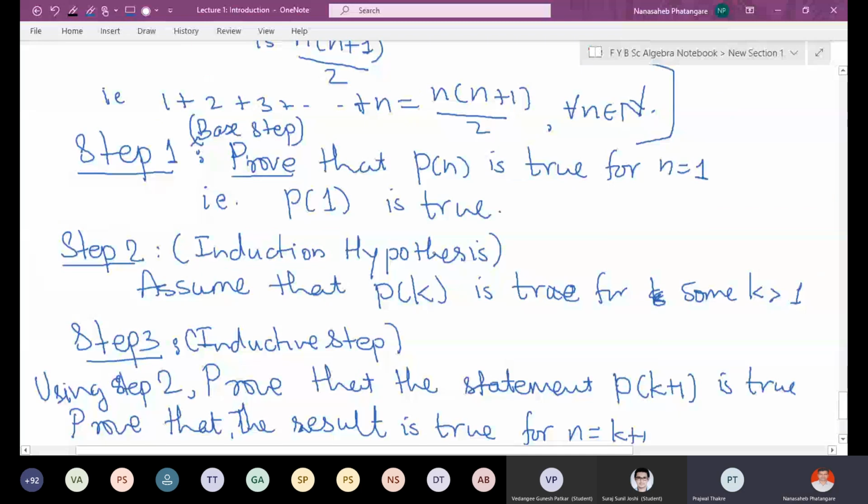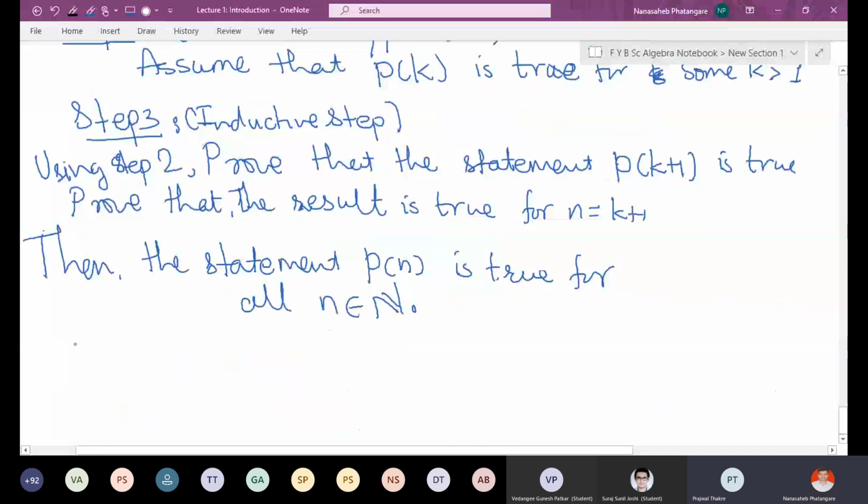So these are axioms, and these axioms are the main basic building blocks of a particular system, the number system. Without axioms, this system will collapse, right?